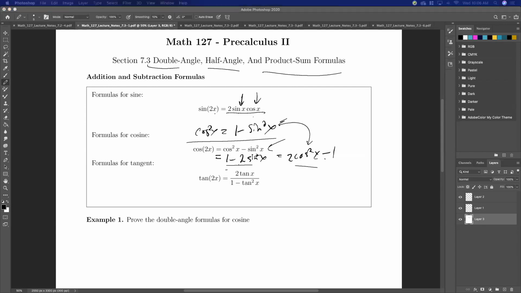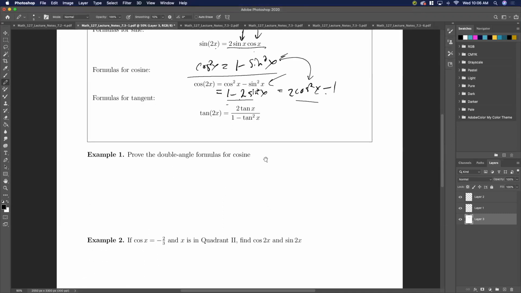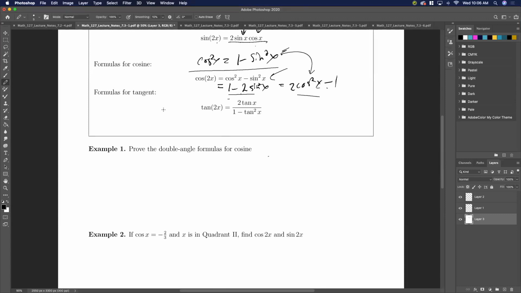All right, so we got there. And just as a refresher for what we did last time, let's prove the double angle formula for cosine. Here, cosine of 2x is equal to cosine of x plus x. This is something we knew how to deal with before, right?